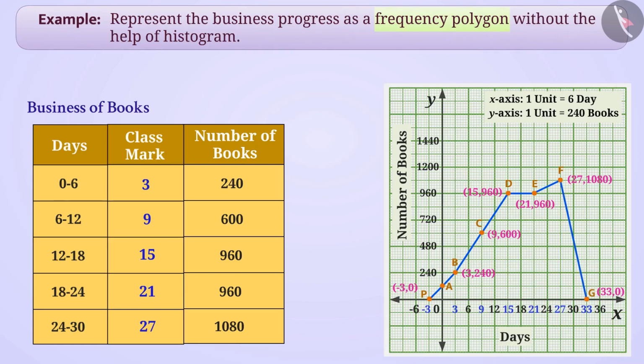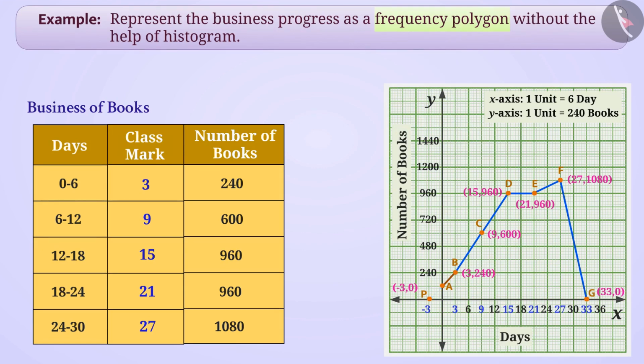Sometimes, imaginary class intervals do not exist, as the number of days here cannot be less than 0. Therefore, the class interval -6 to 0 does not exist. In such cases, we extend only that much part of line segment which is on the right of the y-axis, like here, we will draw AB and ignore PA.